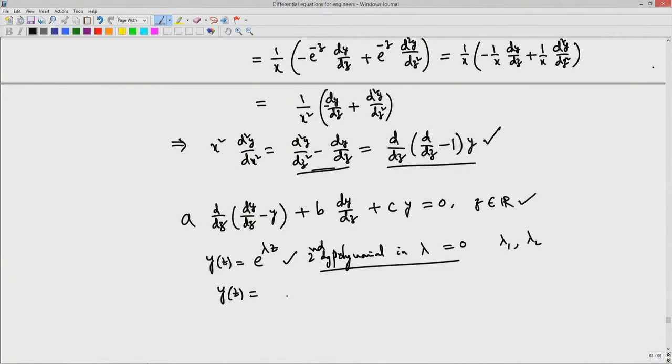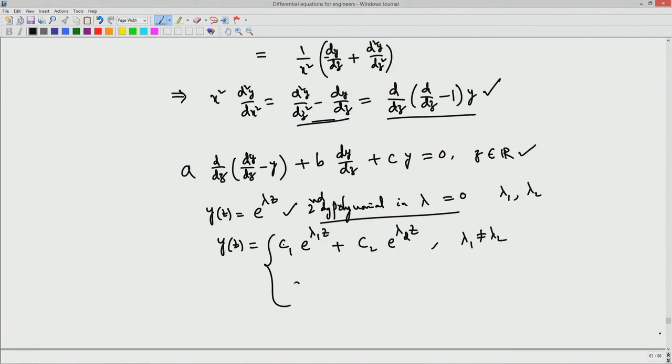You can then find the solution y of z as exponential solutions, C1 e power lambda 1 z plus C2 e power lambda 2 z, if lambda 1 is not equal to lambda 2. If lambda 1 and lambda 2 are the same, you have seen already: C1 e power lambda 1 z is one solution, and the other will be C2 z e power lambda 1 z.